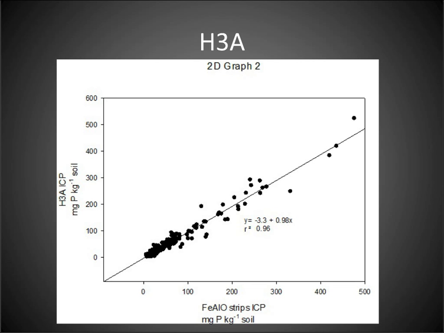Because the way you do that test, and many of you may be familiar with it, you take a gram of soil and you put it in 20 mils of water in a centrifuge tube with that little strip in there, and you shake it for 16 hours, and then you pull the strip out and knock the phosphate off of it and run it on ICP. And so that test is supposed to be pretty close to natural conditions, as close as we can get anyway. And so we were really encouraged by this kind of data.